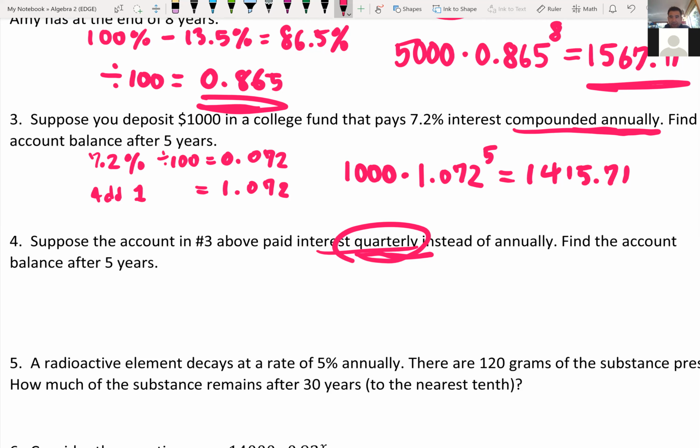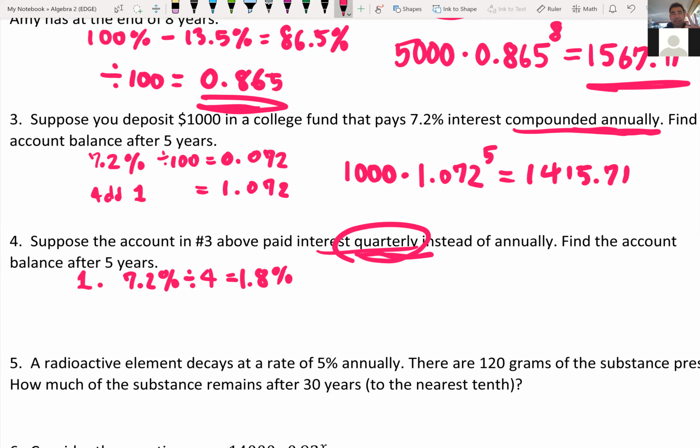So the first step, okay, let's lay out the steps. You have a percentage, 7.2%, and you have to divide it by 4. So you split the 7.2% into 4 equal parts. 7.2 divided by 4, and I get 1.8%.